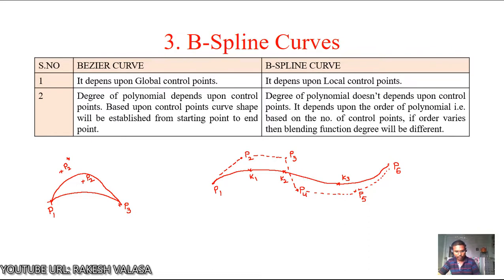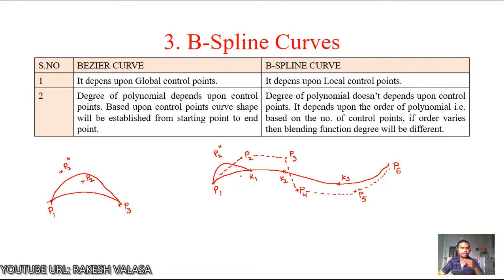Wherever the control point position changes, only that portion of the curve will be changed, not the complete curve. For example, I am changing point P2 to P2 star here. In the previous Bezier curve, the entire shape was changed, but in the b-spline curve, only this portion, that means the P1, K1 portion, will be changed. This is the final resulting b-spline curve.